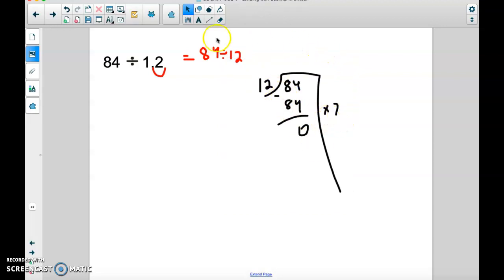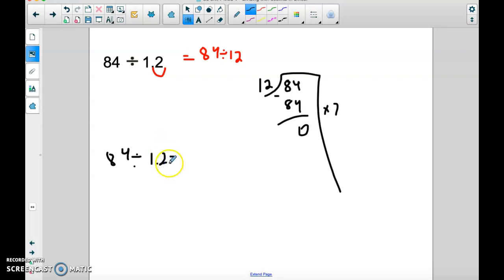So the answer here would be 7. 84 divided by 1.2 equals, wait, but it's not 7, because just like the last problem, that's too small. We made one jump out, so we make one jump out, and the answer is 70. Okay?